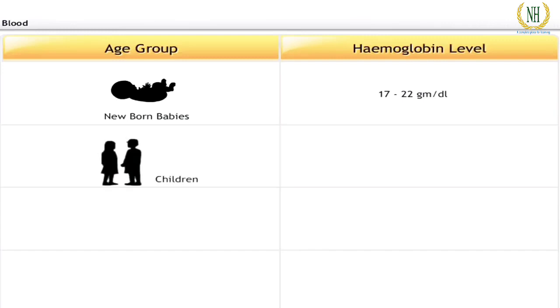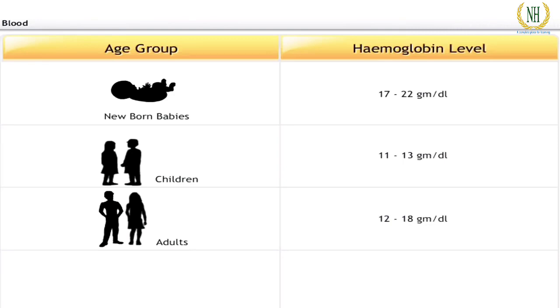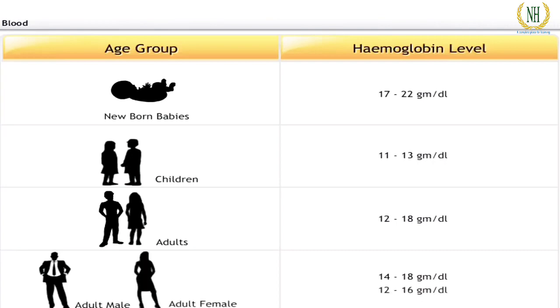For children, the normal range is between 11 and 13 gram per deciliter, and for adults, it is between 12 and 18 gram per deciliter. An adult male has a hemoglobin level between 14 and 18 gram per deciliter, and in adult women, it is between 12 and 16 gram per deciliter.